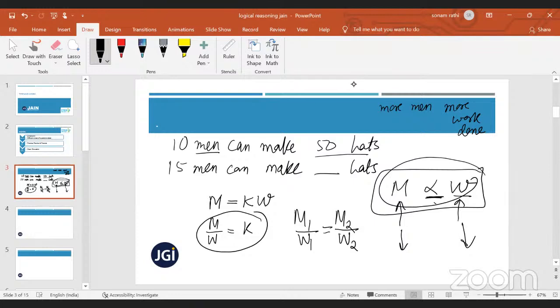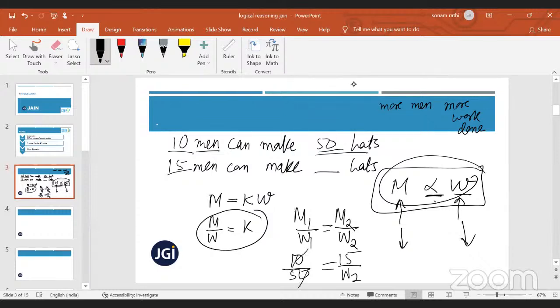Okay, how much is men 1? 10. How much is work 1? 50. How much is men 2? 15. And how much is work 2? We need to calculate. Okay, do the calculation. 0, 0 cancelled. 75, right? So 75 hats.